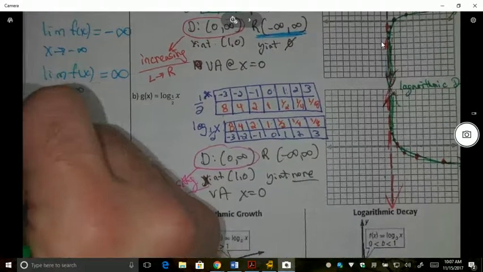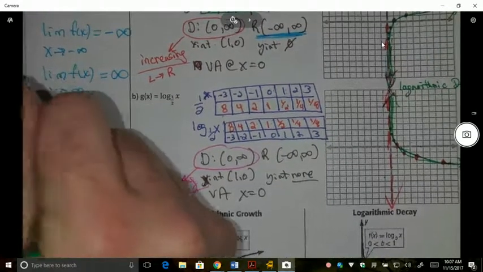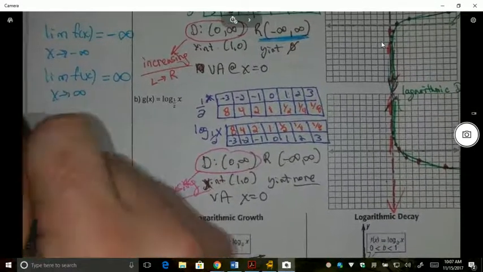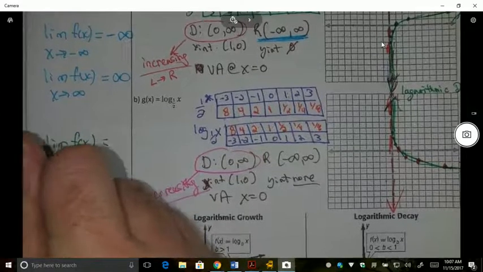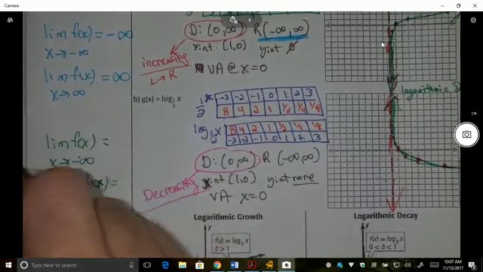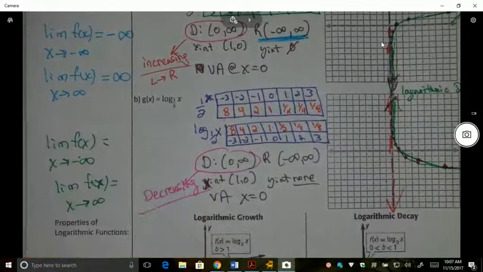Who thinks they can accurately describe the end behavior for us? The limit on the height as I go to the left, and the limit on the height of the function as I go to the right. I'll give you a hint, there are no limits.